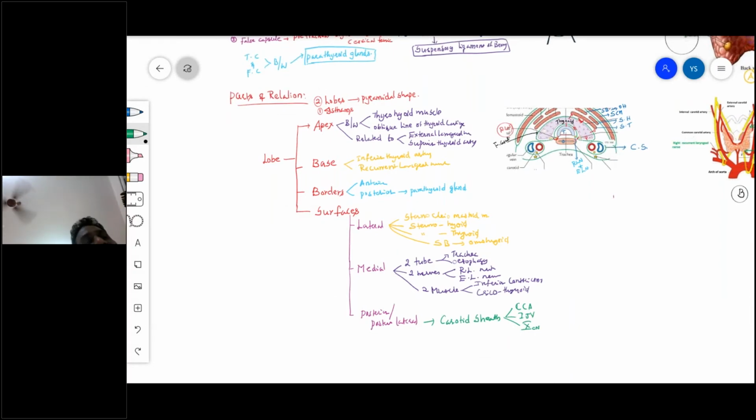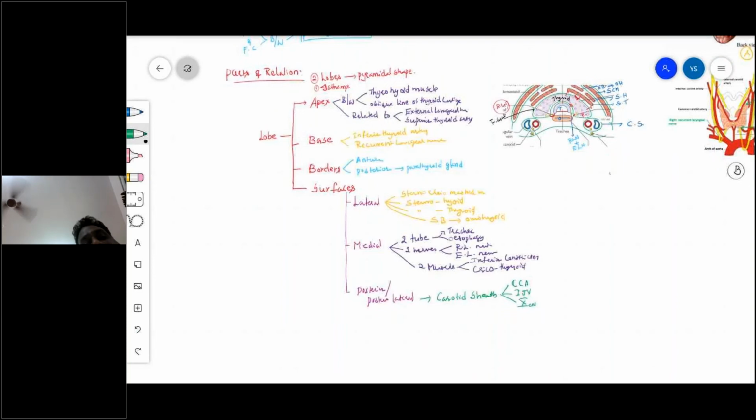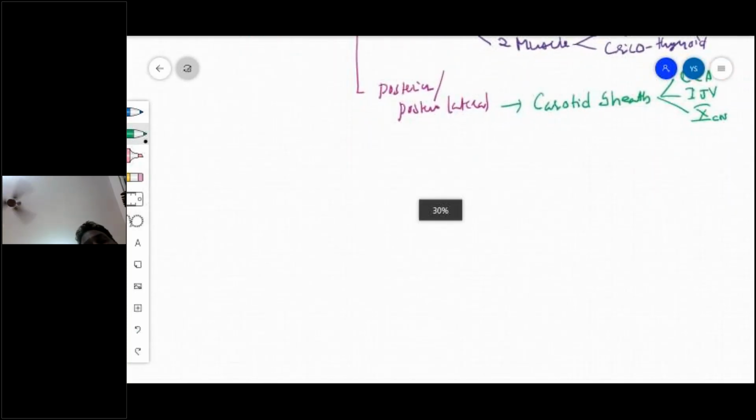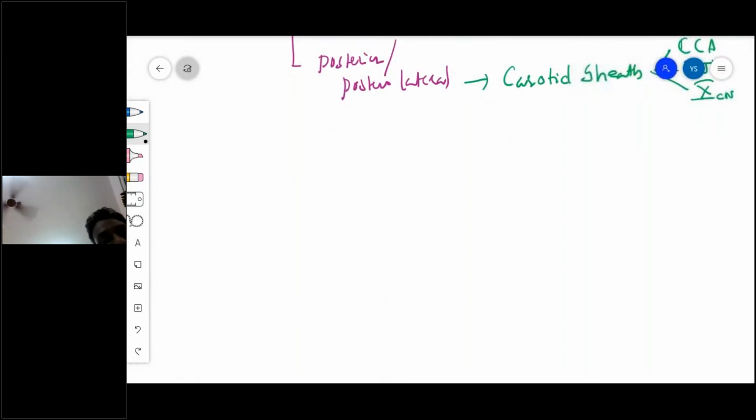Next we come to the isthmus. I tell you only three points about the isthmus. That is enough, because these points are clinically important. The isthmus is present horizontally and connects the two lobes.